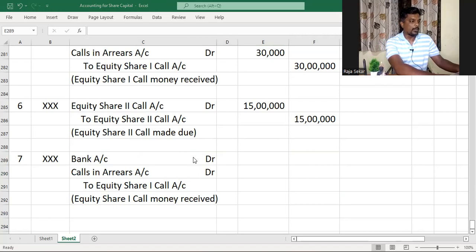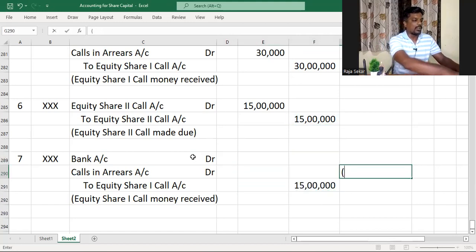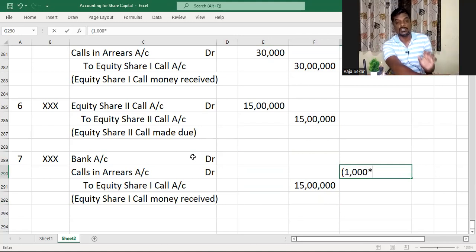So that would be equity share second call will be 15 lakh, the amount that we made due. And the amount in arrears would be, Harini is the only person who didn't pay and she was holding 1,000 shares. So on the 1,000 shares, she didn't pay the 15 rupees per share that she was supposed to pay.